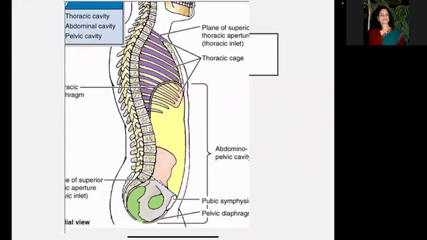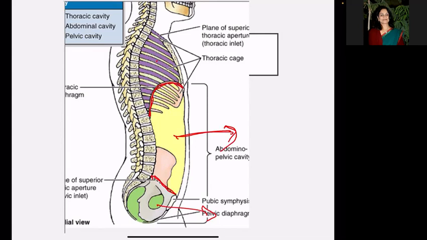As you can see in this diagram, the trunk is divided by a muscular partition called the diaphragm into an upper part called the thorax and a lower part called the abdomen. This abdomen is also divided by the pelvic inlet into the abdomen proper, the upper part, and the lower pelvic cavity.